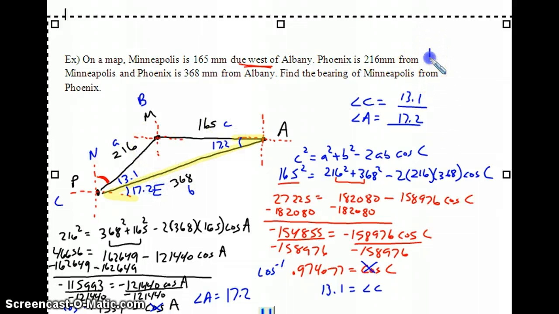So my answer is going to be north some angle east. And that angle would be 90 minus 13.1 minus 17.2, which is 59.7. So this angle here is 59.7 degrees.